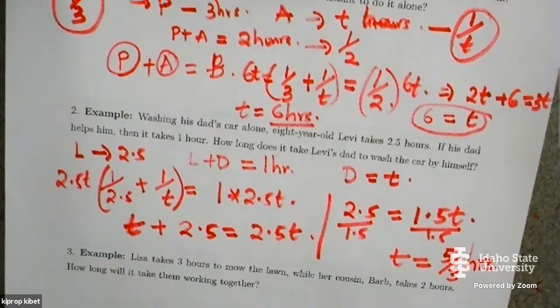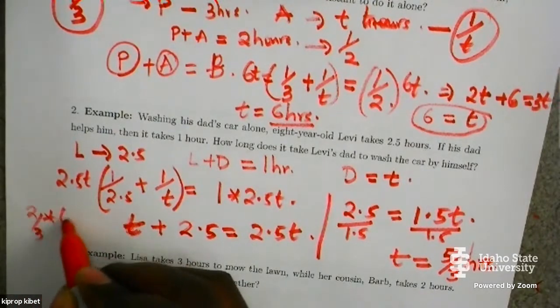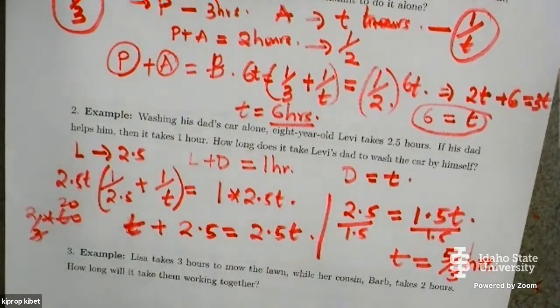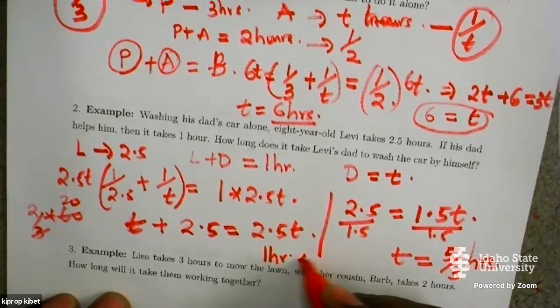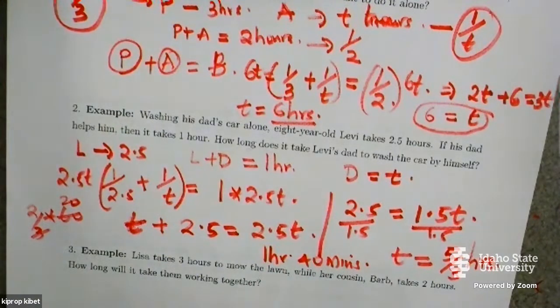So 2 over 3 multiplied by 60 is 40. So you can just say 1 hour, 40 minutes. So this is the time that the dad will take to clean the car alone.